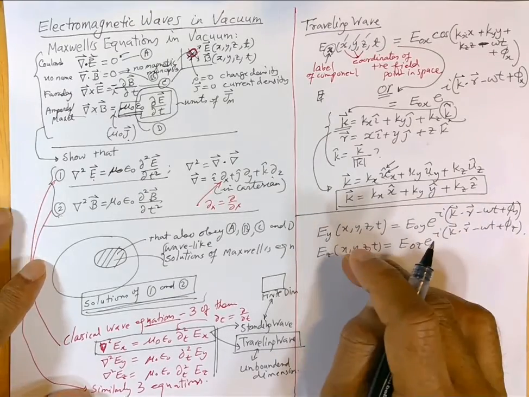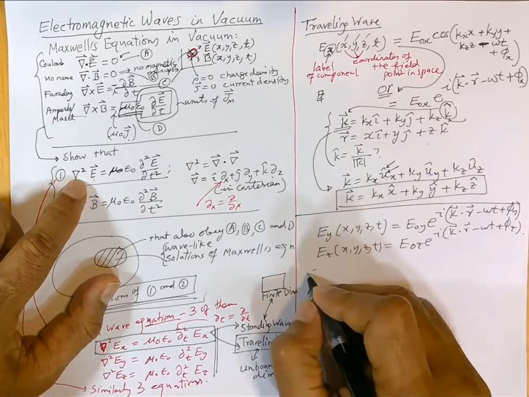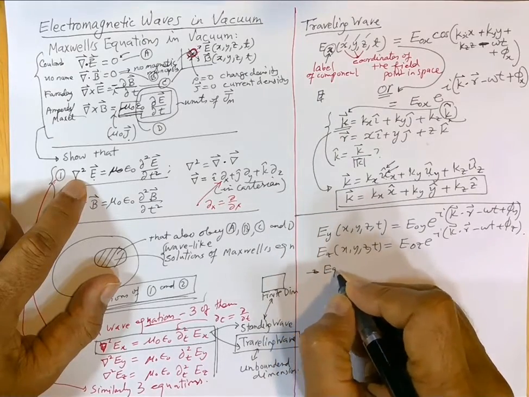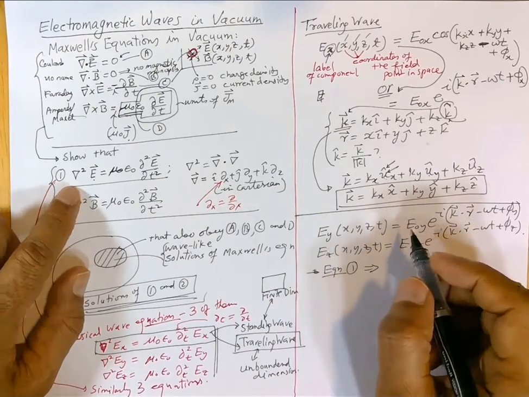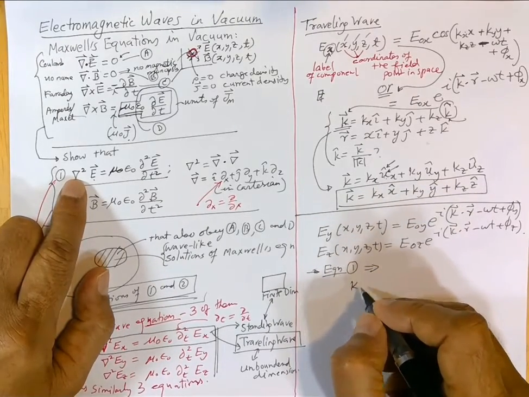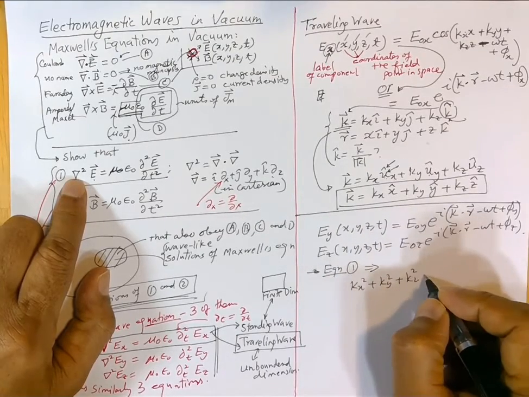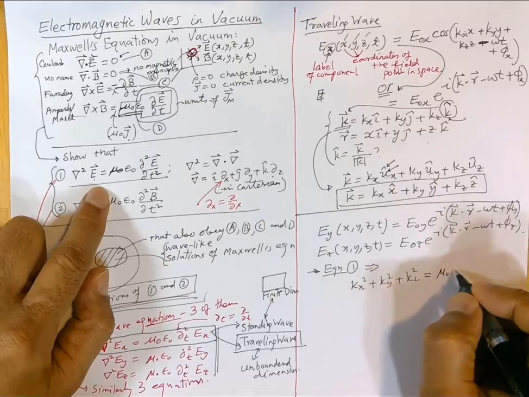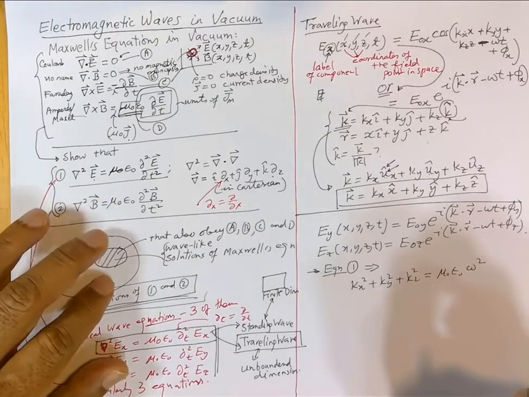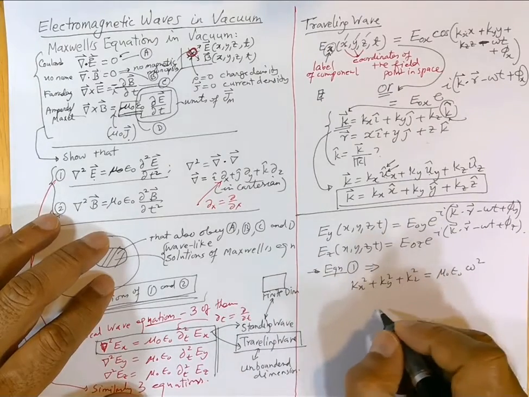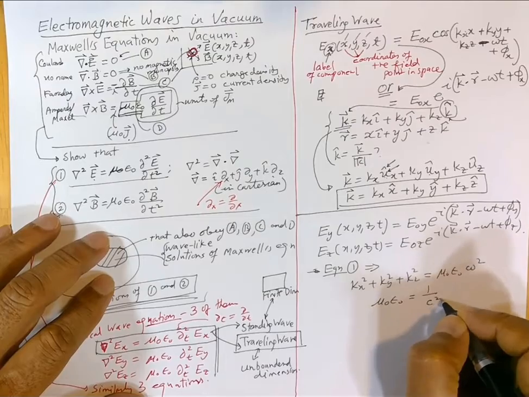Okay, so this will obey equation 1. So equation 1 seems like I have a solution. It will mean that if I plug in there, I will have kx squared plus ky squared plus kz squared equals mu naught epsilon naught omega squared. Often we also write mu naught epsilon naught equals 1 over c squared.